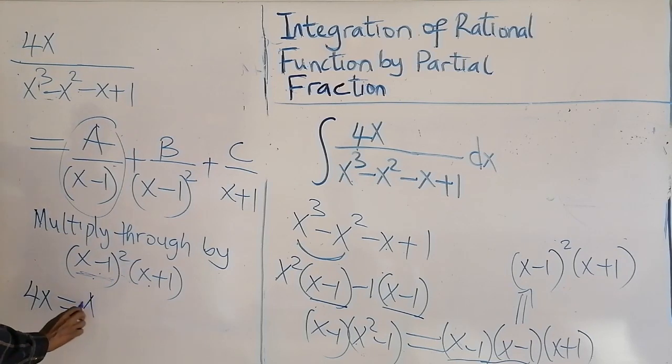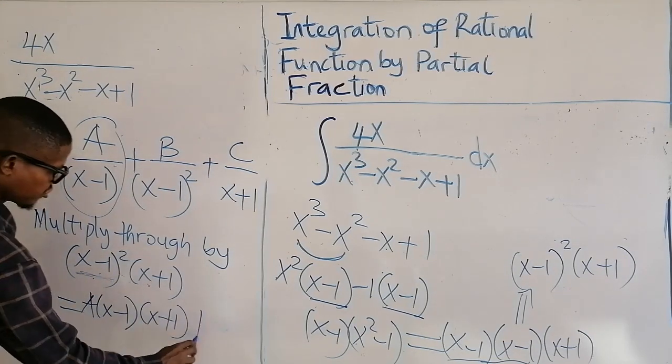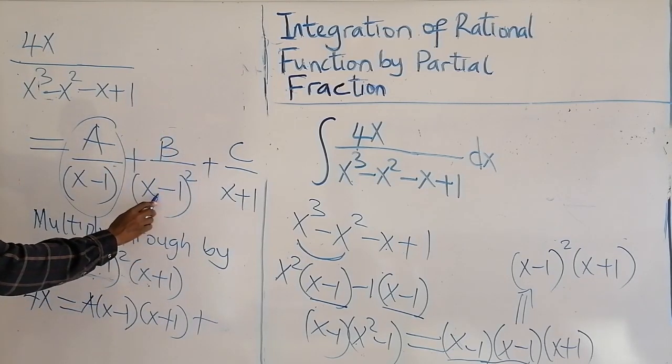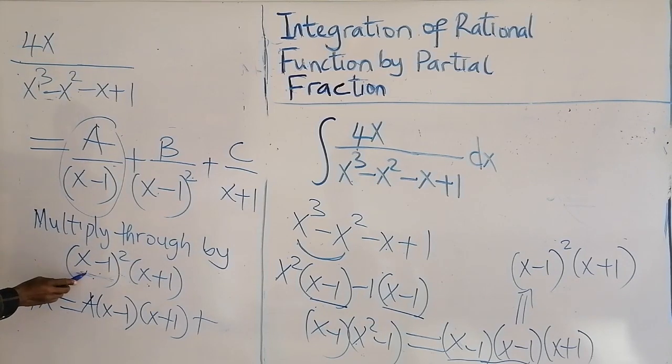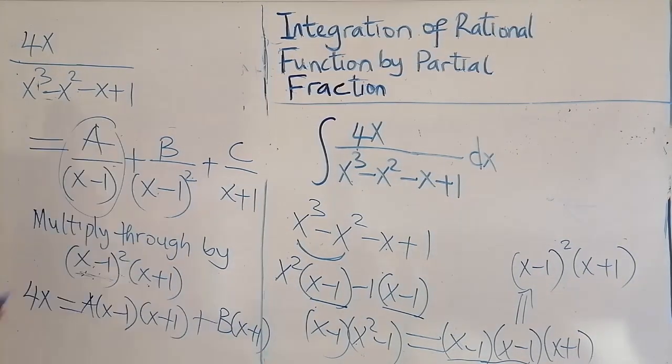So that will be A times x minus 1 times x plus 1. Then plus the B times the common factor. So x minus 1 squared is there, is here, so it cancels. So we have B times x plus 1. Then the C part, plus C, x plus 1 is here, so if it cancels, we have x minus 1 all squared.